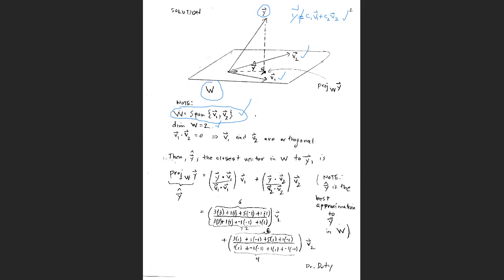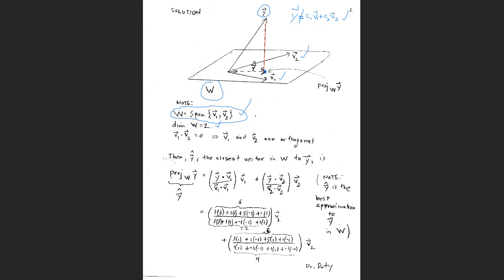We want to find the closest point in that subspace W to the vector Y. Well, the closest point would be found by dropping a line segment down into the subspace W from the vector Y. And what you're going to see then is that the closest point is right there.